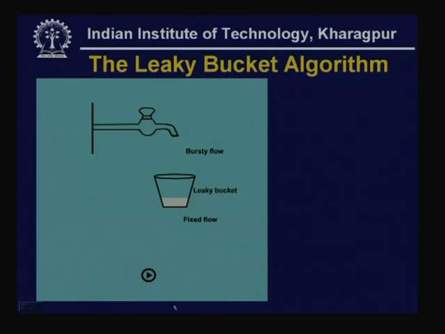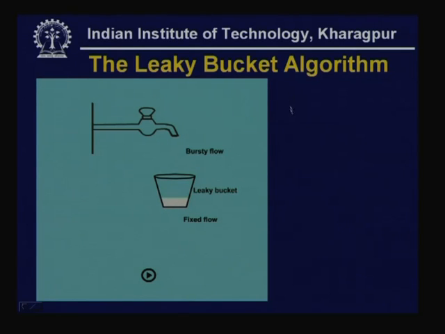Let us see how it is being done. So, this is the basic philosophy. You can see here a bucket is getting filled up, and here you have some kind of bursty flow, but the output is a fixed flow. And here whenever the bucket gets filled up, it spills over, leading to what is known as packet discarding.